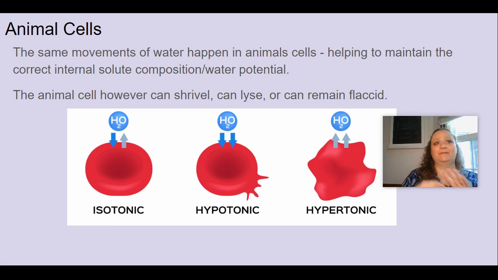Not really sure why, except that they show pretty easily what we're trying to see here. If it's in a hypotonic situation and water's moving in, the cell itself can actually lyse. It can burst from too much water. If it's hypertonic, remember that water is moving out like those hyper kids, and the cell can actually shrivel up.